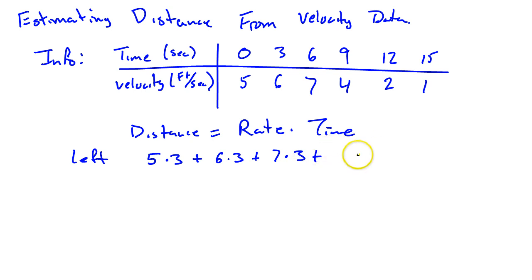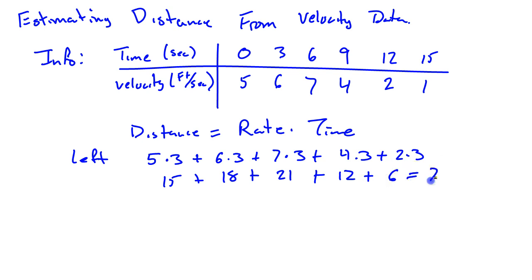And then for the next 3 seconds, I'm looking at 4 feet per second, and for the last 3 seconds, I'm looking at 2 feet per second. Right? So that left-hand endpoints looks like 15 plus 18 plus 21 plus 12 plus 6 for a grand total of 72.